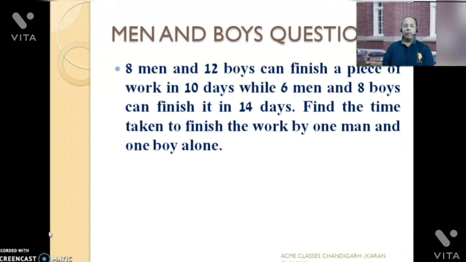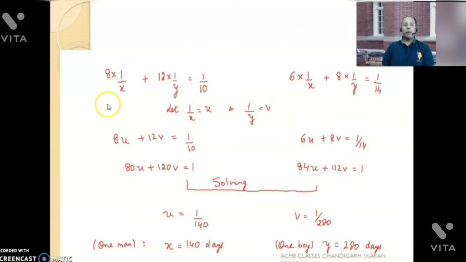So let's see if we can formulate an equation for this question. One man's one day job is 1/x. 8 men's one day job is equal to 8 into 1/x. One boy's one day job is equal to 1/y. 12 boys' one day job is equal to 12 into 1/y.